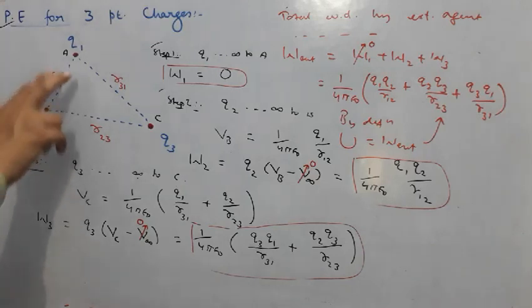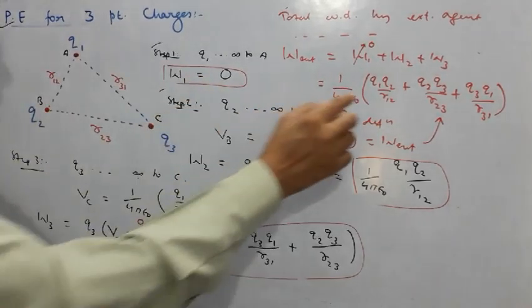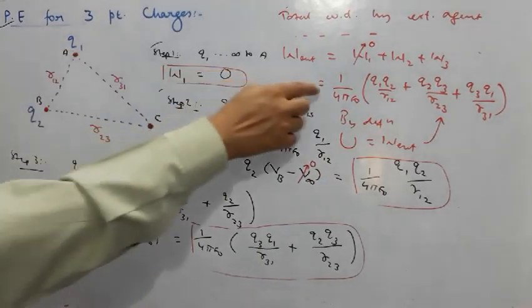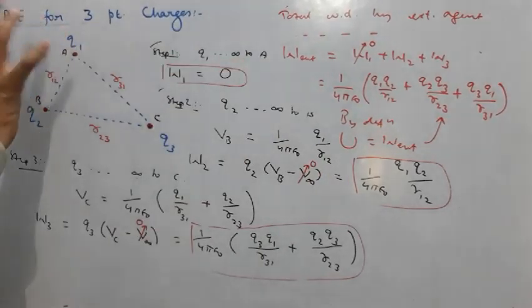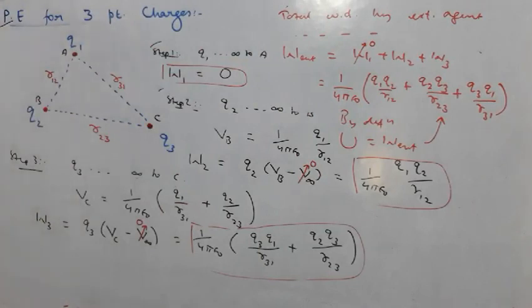So we saw for two charges the formula was 1 by 4 pi epsilon naught, product of charges by separation between them. It's easy to remember this formula. When we have three charges, you choose pairs. Pair-wise you write the formula for potential energy and then add them up. For example, this is one pair.